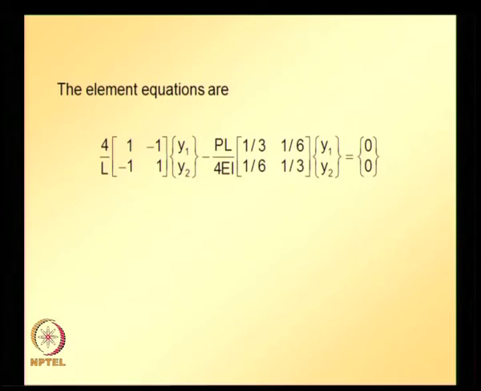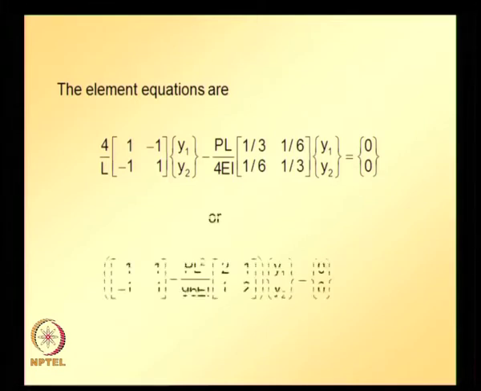We get these element equations for one element, and all elements are identical, and we can rearrange this element equation in this manner for convenience. So, this is for one element.